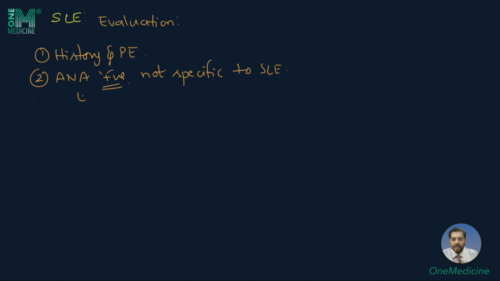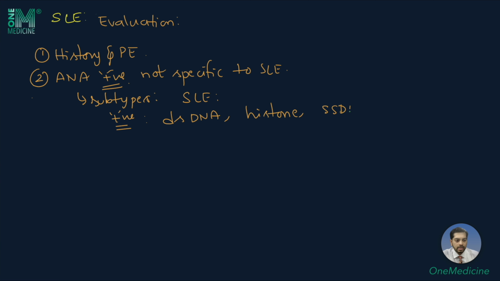Analysis of ANA subtypes gives a better understanding about the diagnosis of SLE, and some of the positive anti-nuclear antibodies include anti-dsDNA antibody, anti-histone antibody, anti-ssDNA antibody, anti-Smith antibody, anti-Ro or SSA, and anti-La or SSB antibodies.